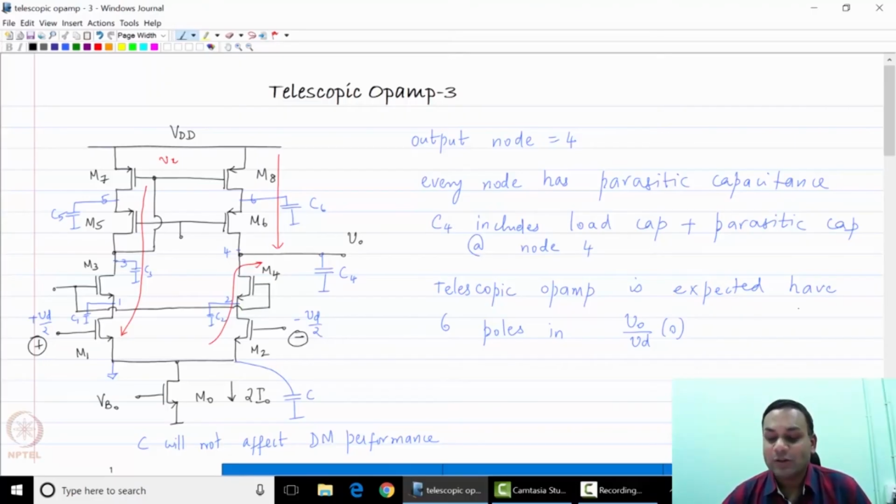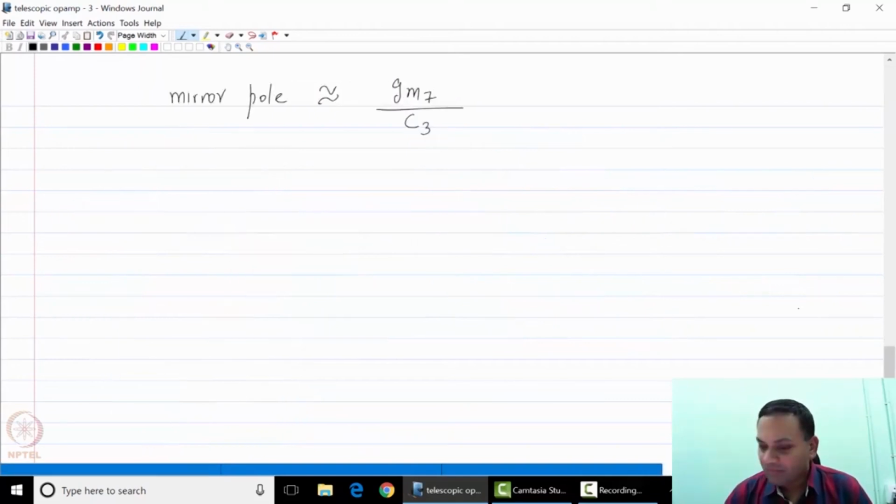Their impedance levels at those points are either very low because they are connected to some sources, or they are low enough to cause the non-dominant poles to be somewhat high compared to the dominant pole.